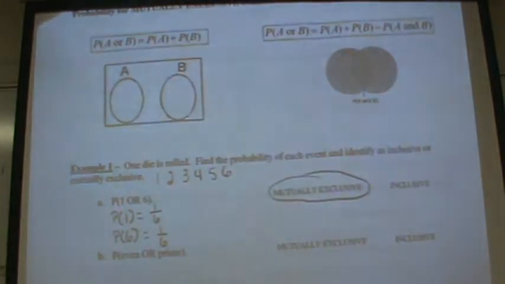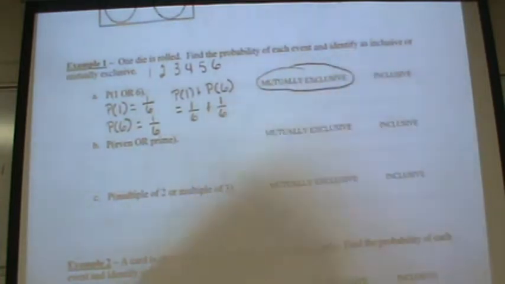So now, using our equation that we were given for mutually exclusive events, we're going to take the probability of rolling a 1, and we're going to add it to the probability of getting a 6. So we're going to get 1/6 plus 1/6.